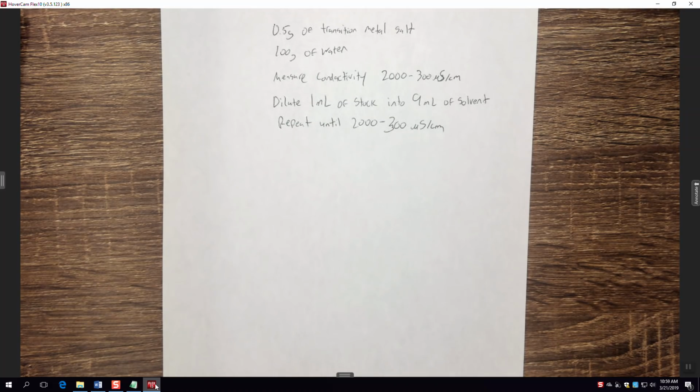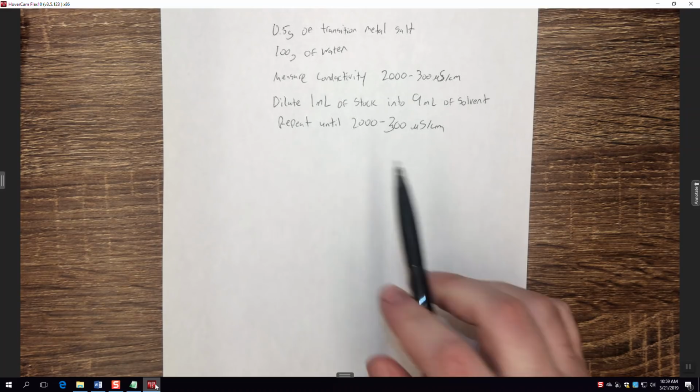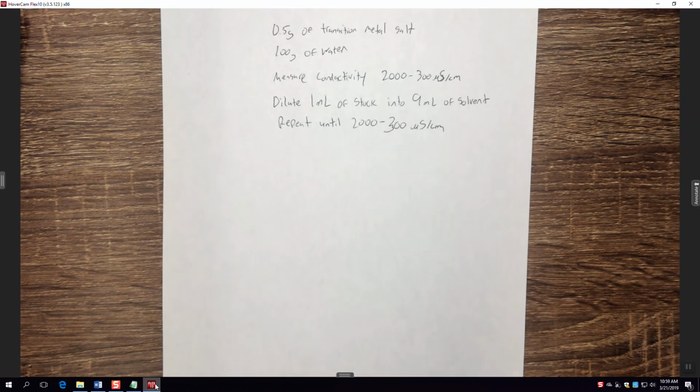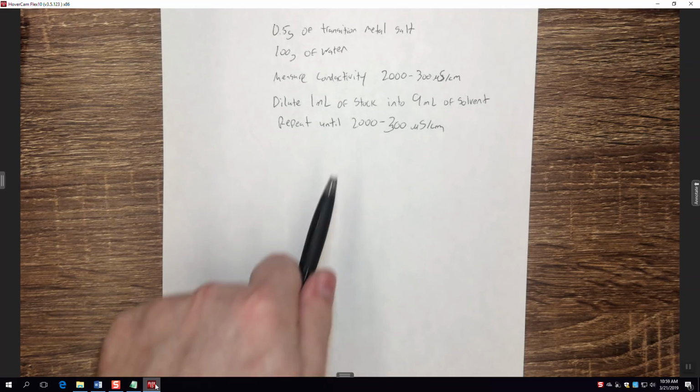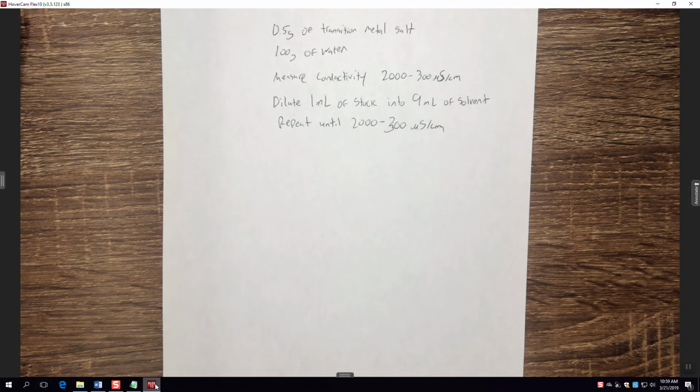Now, odds are pretty good that you're not going to end up with a solution that has a conductivity of exactly 2,000 microsiemens per centimeter. So if you end up with something that has a lower value and you need to create a solution that covers the whole range, as covered in the instructions for this portion of the experiment, you'll need to figure out how to do that.